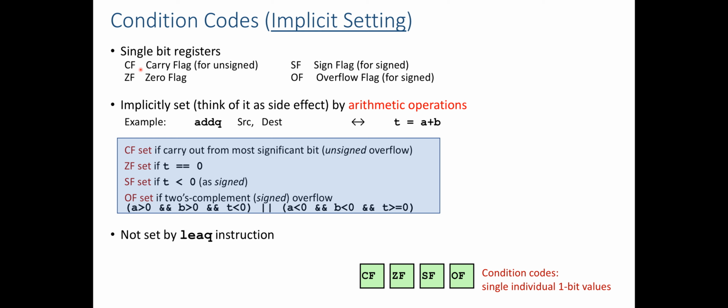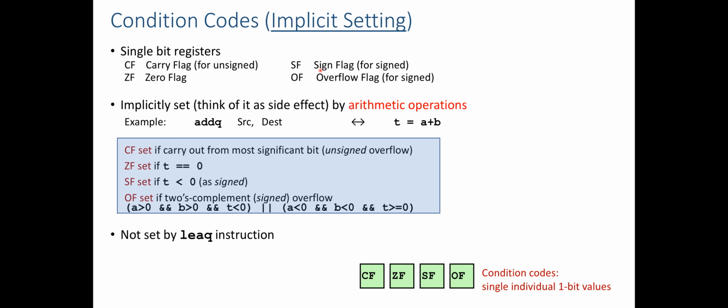CF stands for carry flag. And this is used if the type of instruction that we're working with is working with unsigned variables in the source and destination. The zero flag is used for both signed and unsigned, and that's what the ZF stands for.